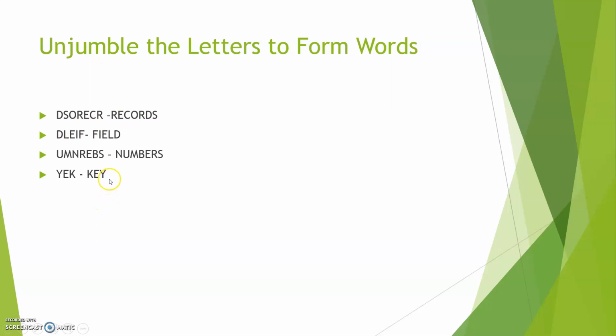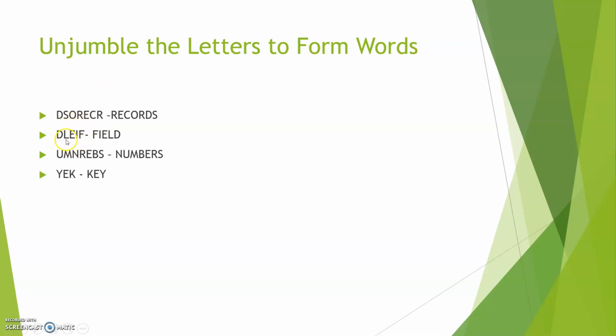You have to find the word. What is that word? Okay, so listen. I have given some letters in unjumbled format, right? So listen, what is this? RECORDS. So records.